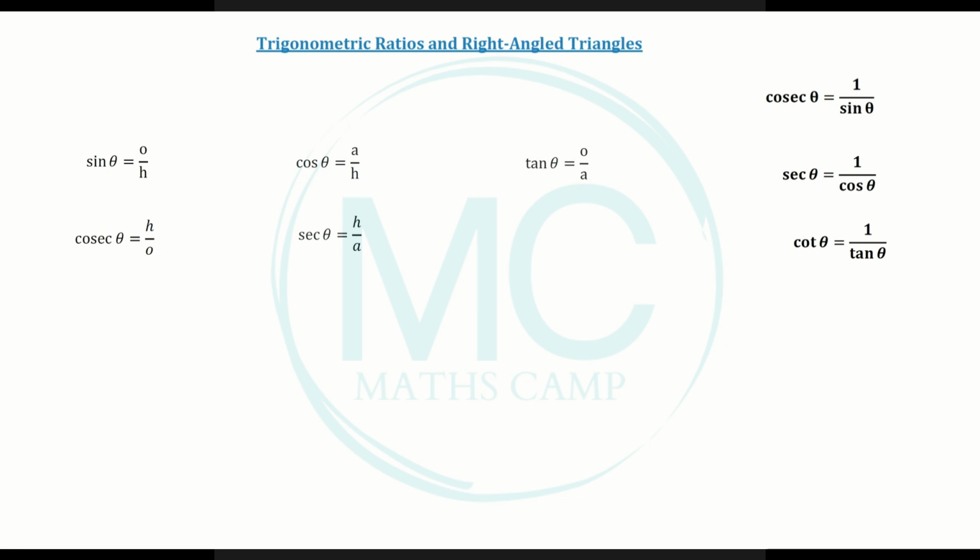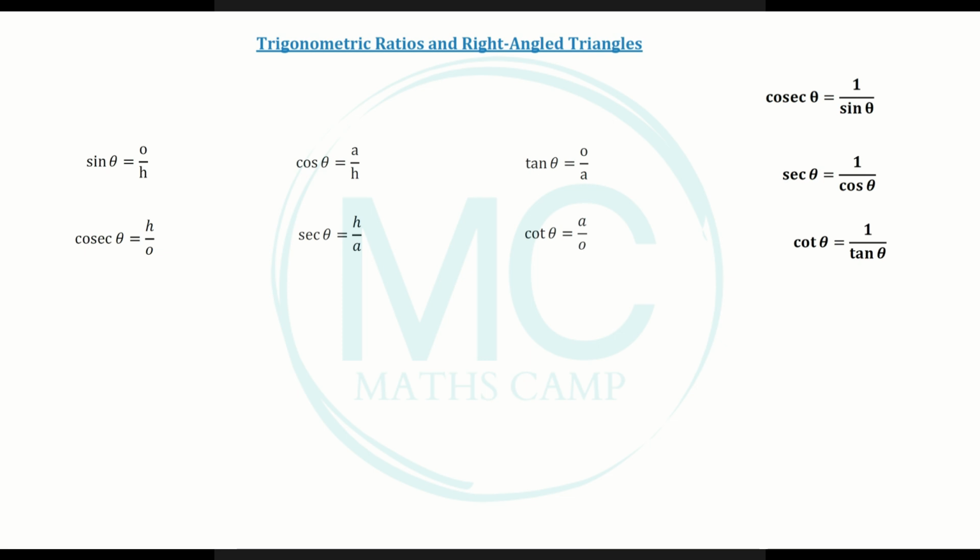Finally, tan theta is equal to the opposite over the adjacent, and cot theta is the reciprocal ratio. So if tan theta is equal to the opposite over the adjacent side, then cot theta is equal to the adjacent over the opposite side.